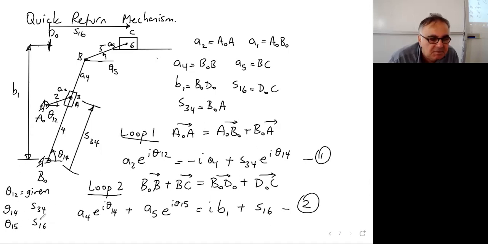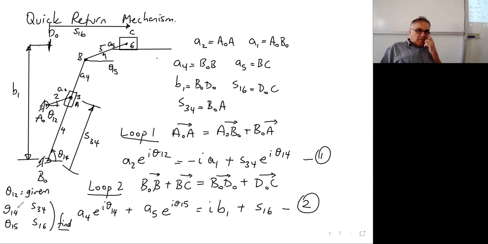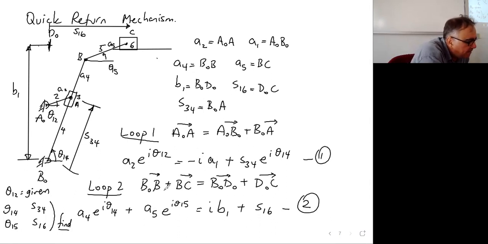Okay, this we need to find. We have two vector equations, which means four scalar equations, so they are solvable. We can solve for them.